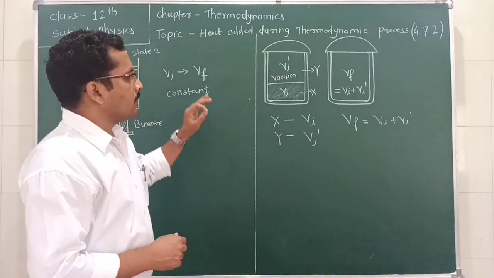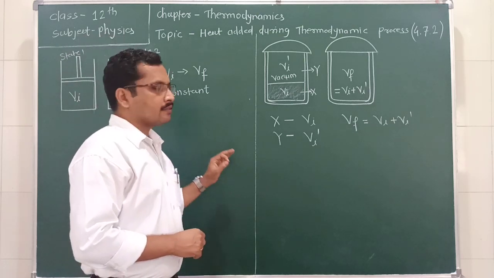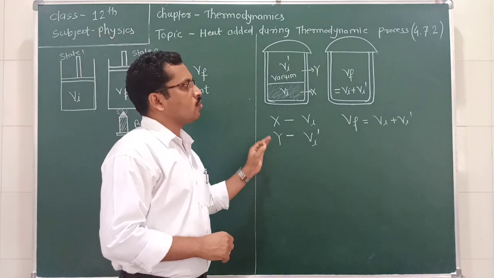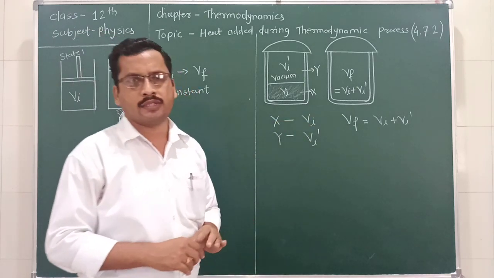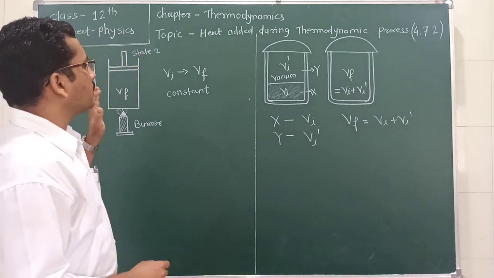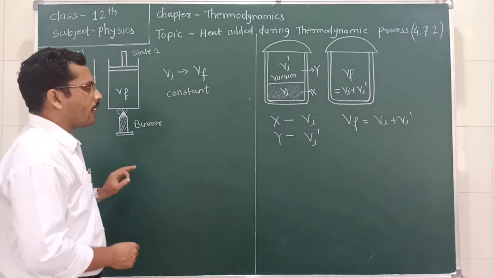As there is no work done by the gas on a piston in this case, there is no work done. So in this way we discussed what happens when heat is added to the gas.